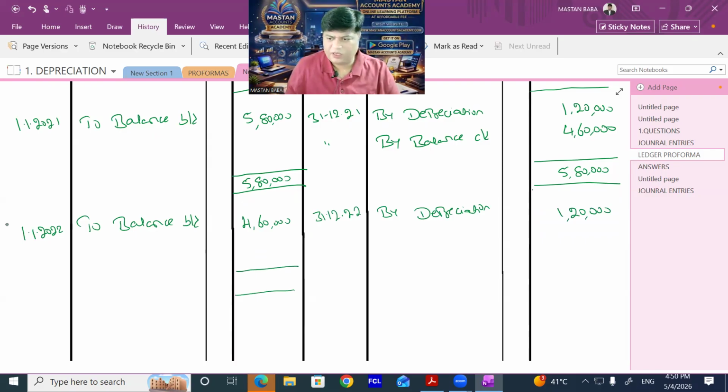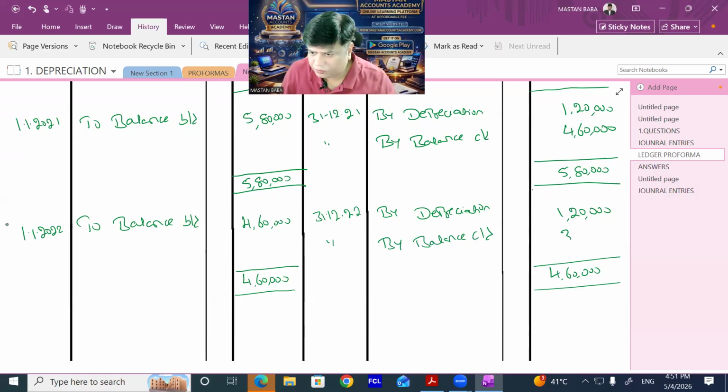The biggest amount is 4,60,000, so take 4,60,000 on both sides, by balance carried down. 4,60,000 minus 1,20,000 comes to 3,40,000. So 3 years completed.